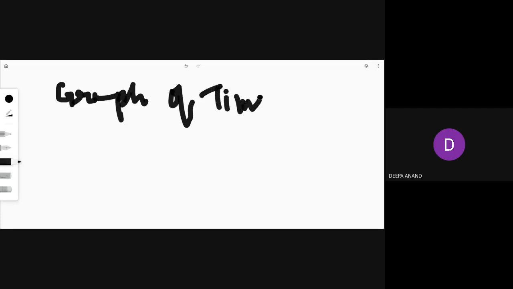So the first one is graph of time series. What is time series? The values of a variable at different points of time. Time series means the values at different points of time will be given.